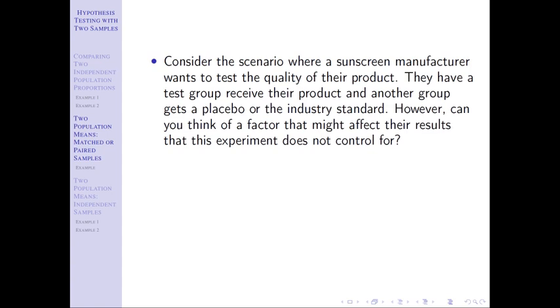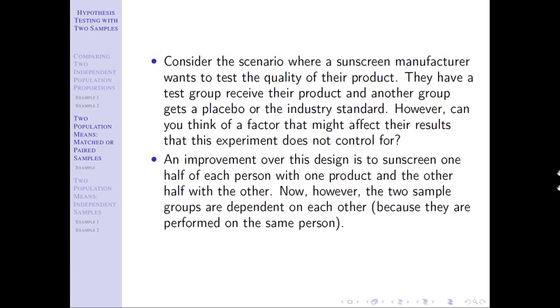And can we ensure that we have similar groups, right? What if people are more in the shade or more under an umbrella or all these different things that we'd have to try to really control for and think about, that we want to have all these things equal in our groups to be able to definitively conclude that the sunscreen is what's causing people to hopefully get burnt less.